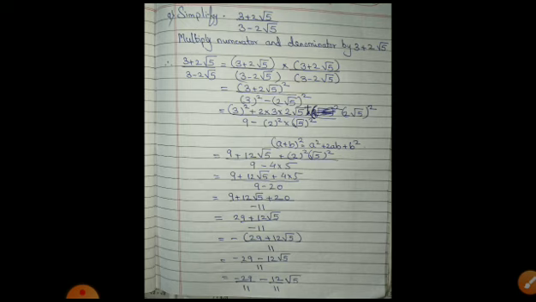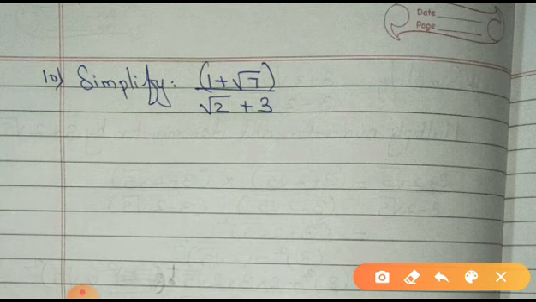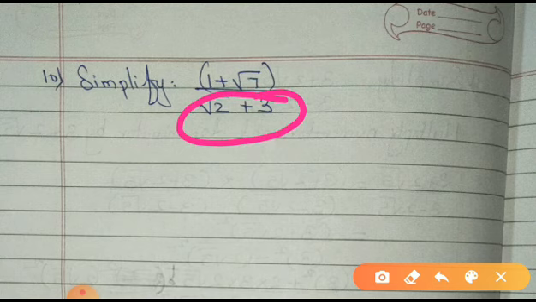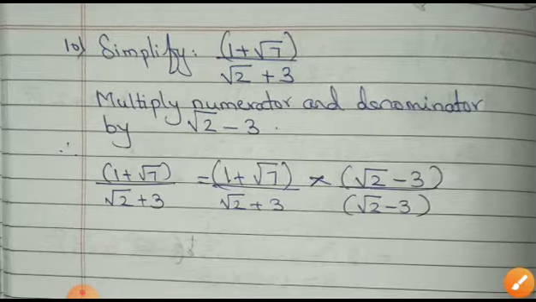Hope this is clear. Now the last question we are going to see. It is 1 plus root 7 by root 2 plus 3. Again the same. What to be done? It's a binomial. So multiply with what? I have to multiply with root 2 minus 3. Okay. So root 2 minus 3 divided by root 2 minus 3.